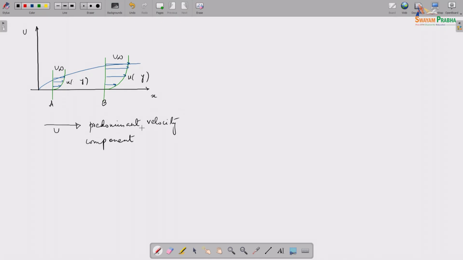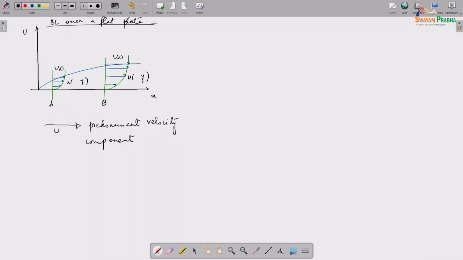This is for a boundary layer. I am talking about a boundary layer over a flat plate. So let me just write that. This is a boundary layer over a flat plate, and it's also a laminar boundary layer over a flat plate.